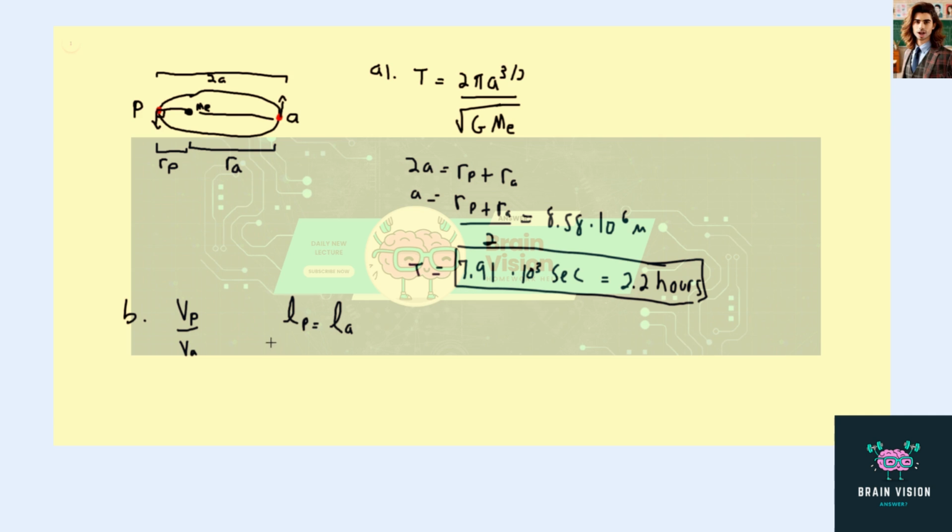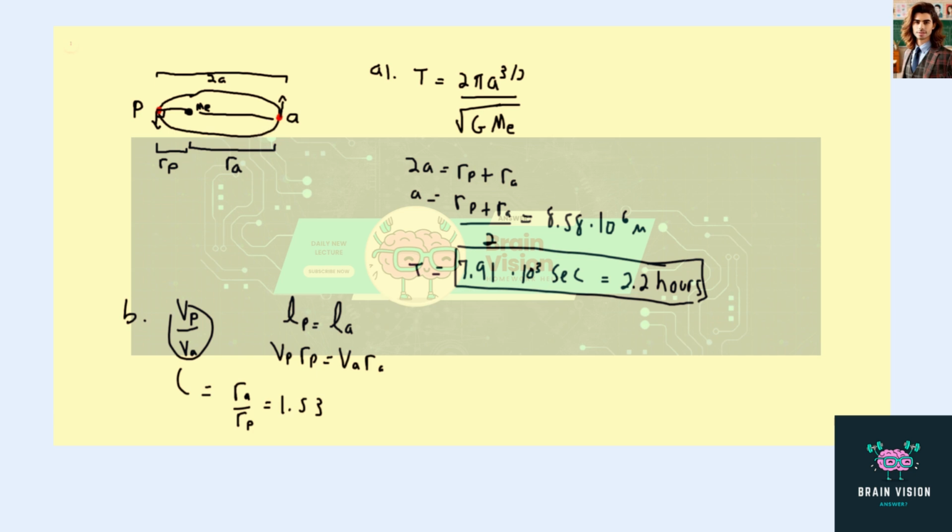So we can write these as v_p times r_p equals v_a times r_a. And so this ratio will just be r_a over r_p, which comes out to be 1.53. That means it's moving 1.53 times faster at point P than at point A.